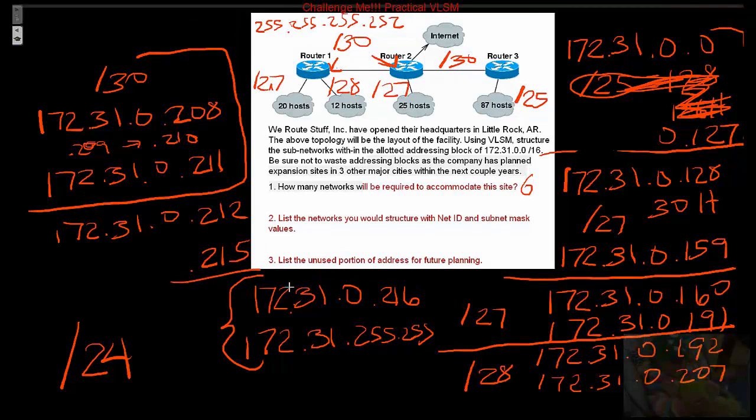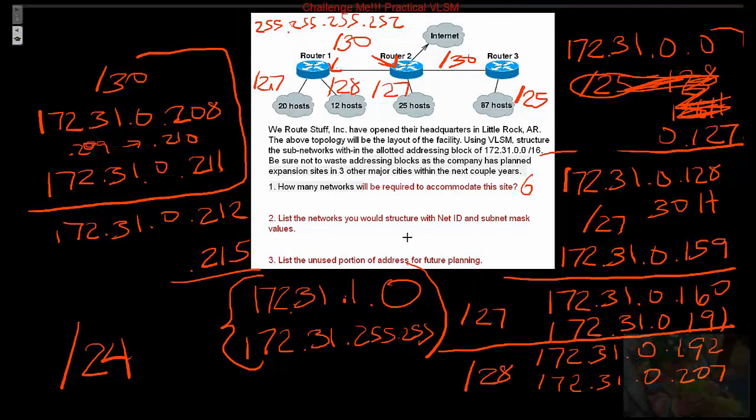We'll give them everything from 172.31.0.0 to 172.31.0.255. And then we'll let everything else run for remaining sites from 172.31.1.0 through 255.